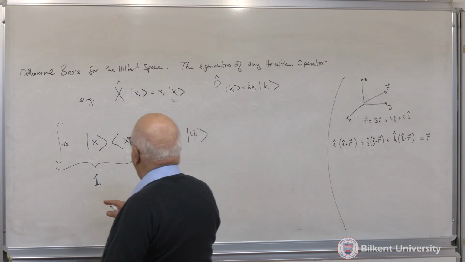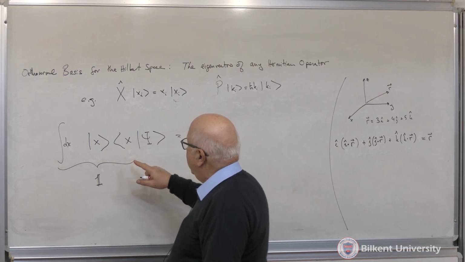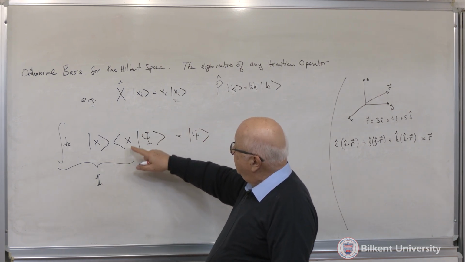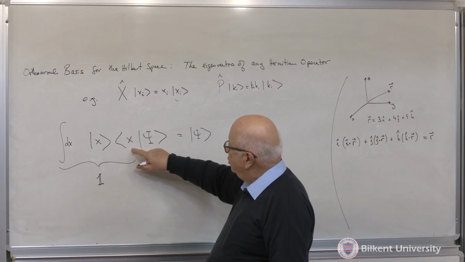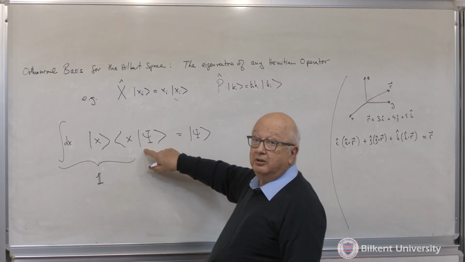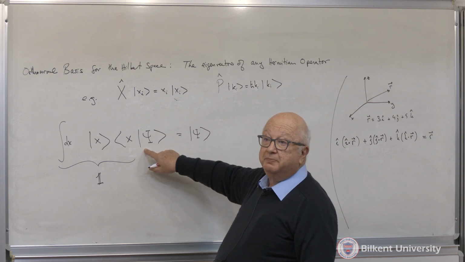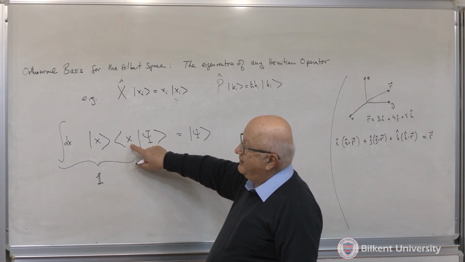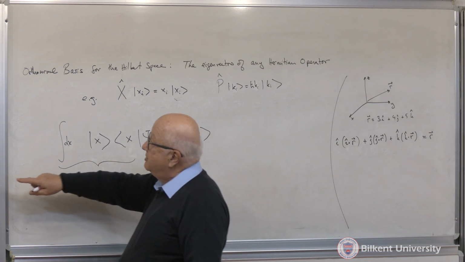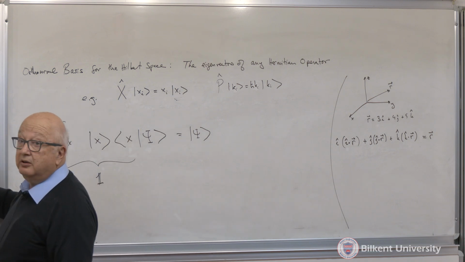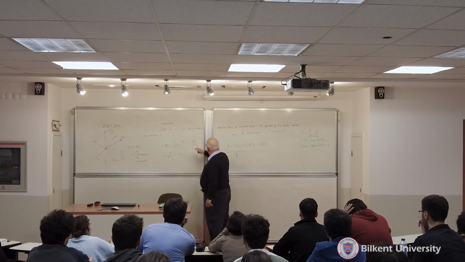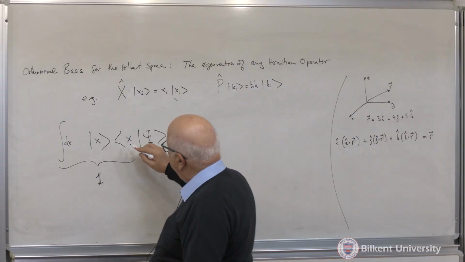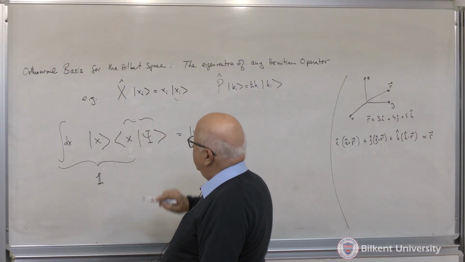So what have I done here? I have actually found a certain component of this psi in a certain x direction. But that is how I constructed this psi, right? So this inner product is what?